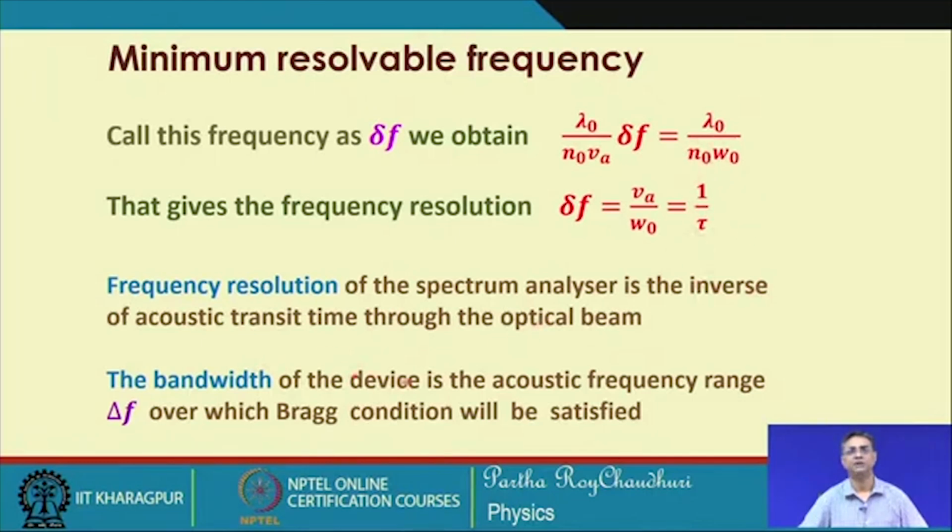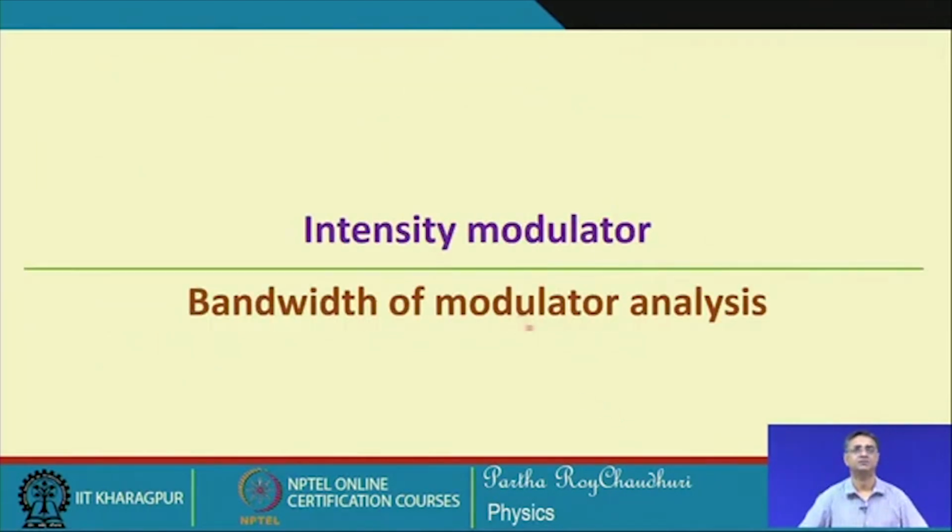The bandwidth of the device is the acoustic frequency range delta f over which the Bragg condition can be satisfied, because if I just randomly change the frequency, the Bragg condition will not be satisfied for all frequencies. It will be satisfied only for a range of frequencies, and we are going to analyze for which range this holds, so that it can be used as a useful spectrum analyzer.